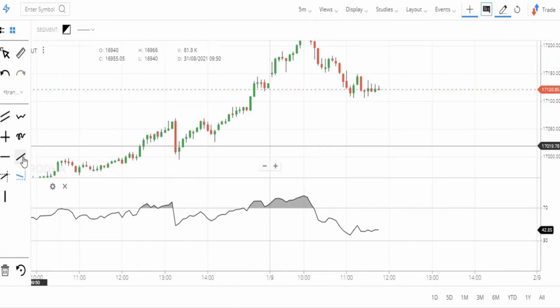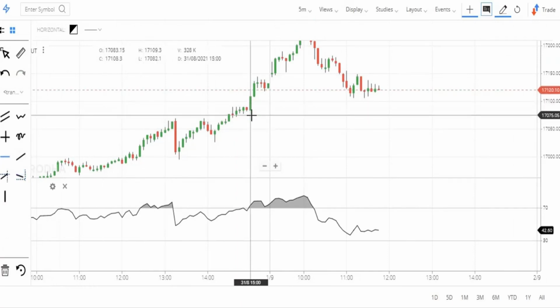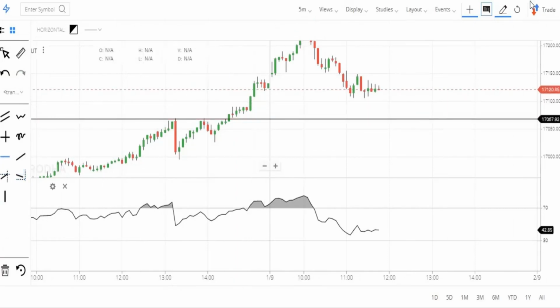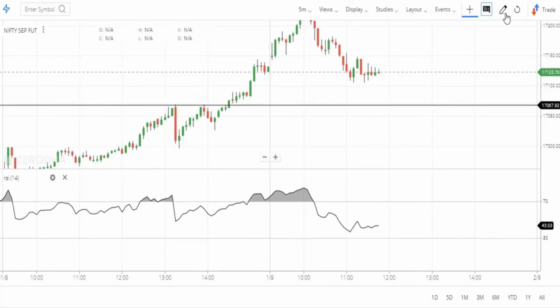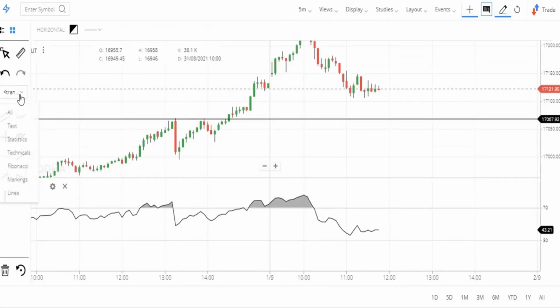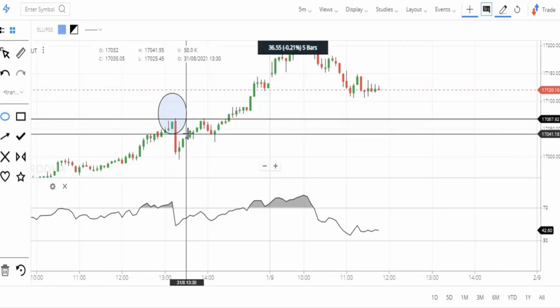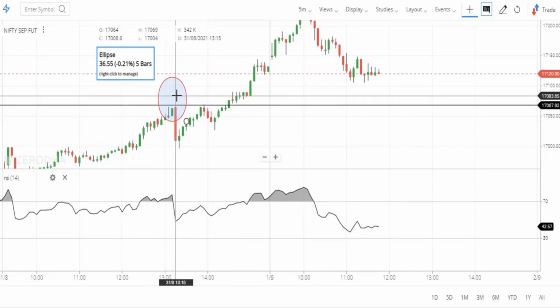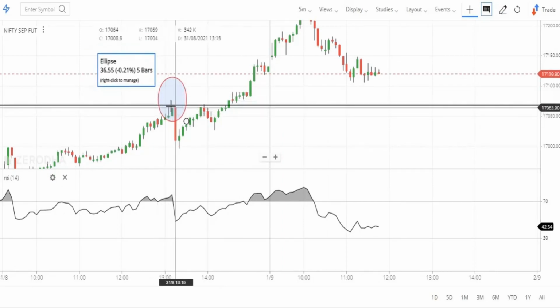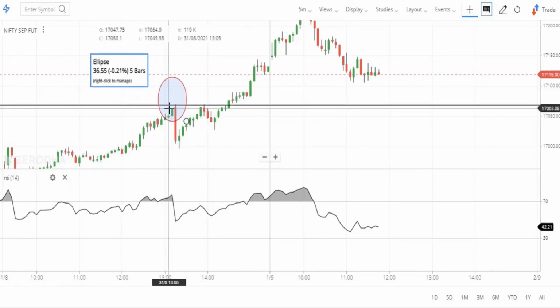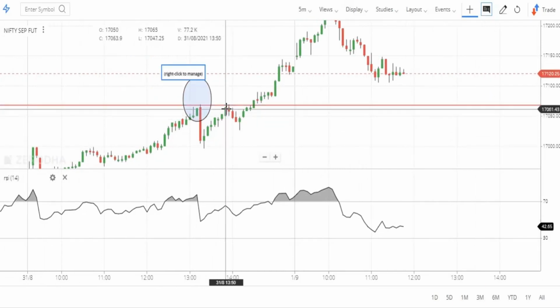Let me display one example right in front of us. So, as you can see over here, we had this resistance. All right, this was yesterday. We had this resistance over here. Market was going up. We had this resistance, and then what happened?